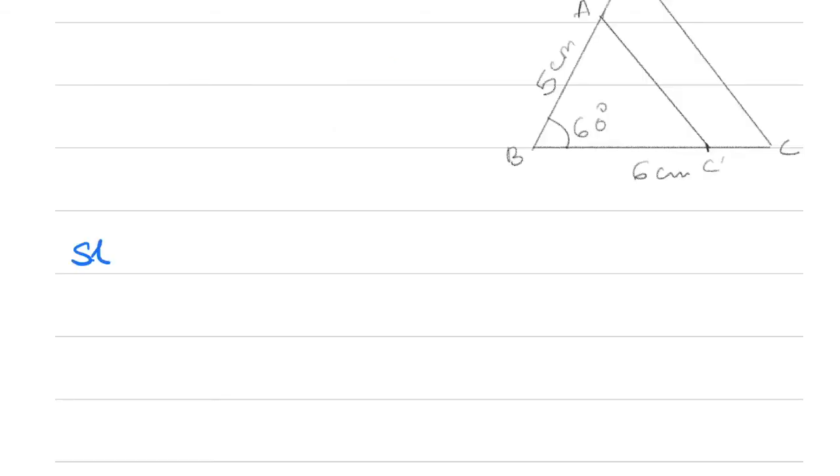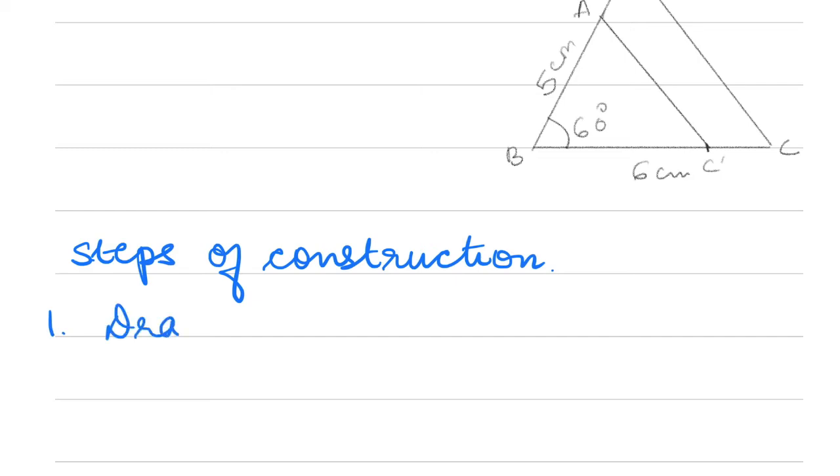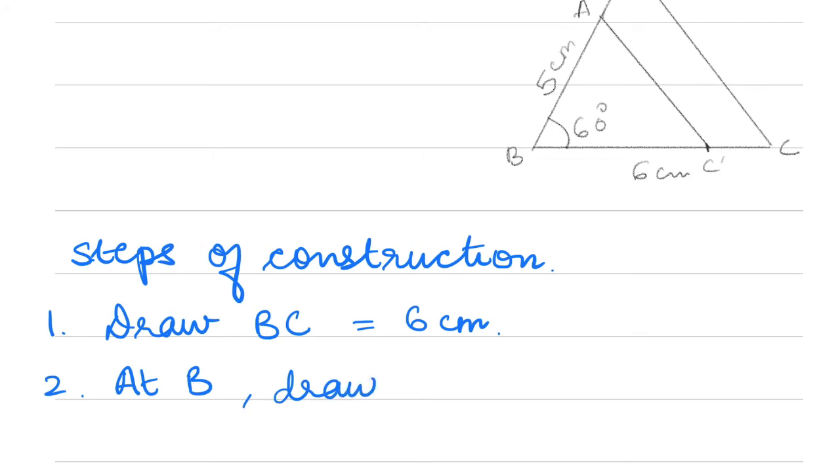Now let's write down the steps of construction. First, draw BC equal to 6 centimeter. Then at B, we'll draw an angle of 60 degree.